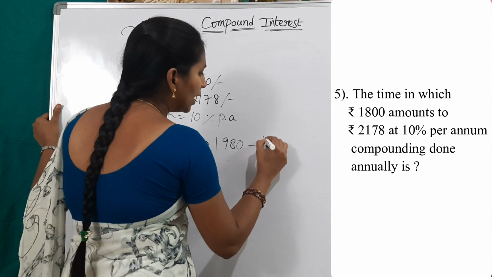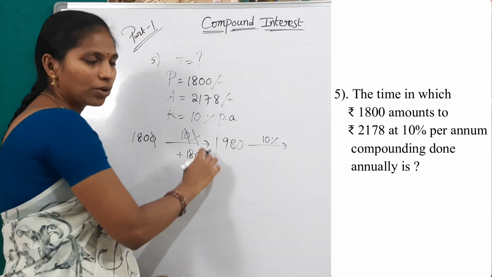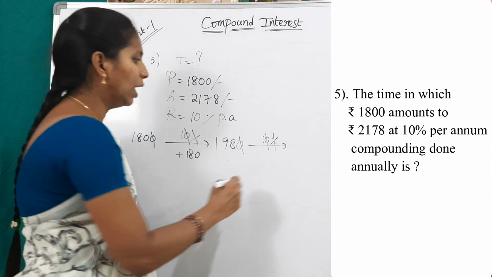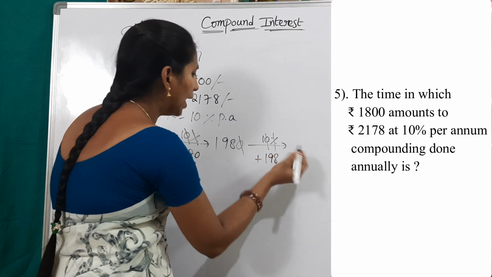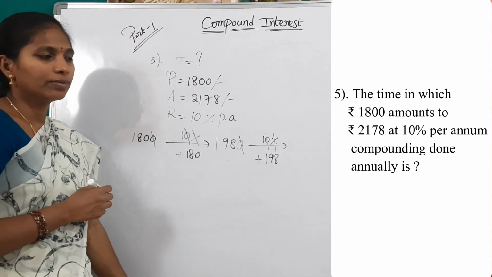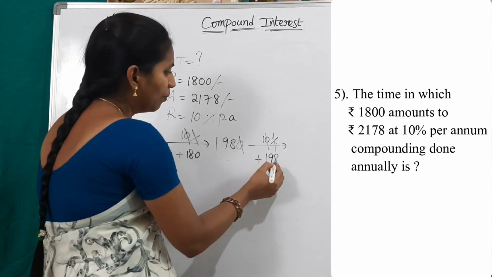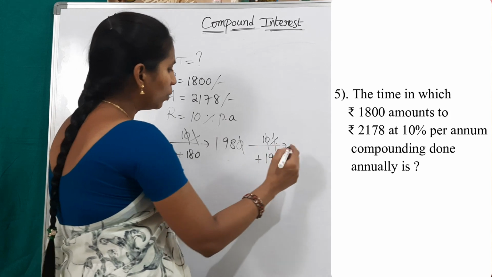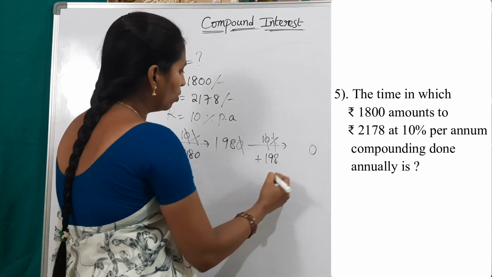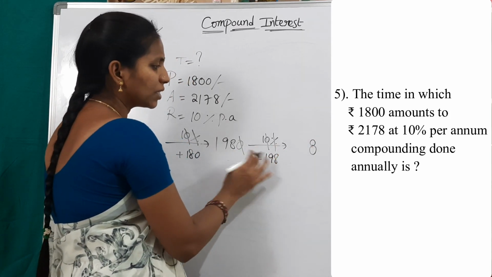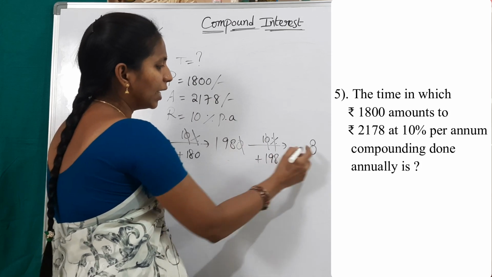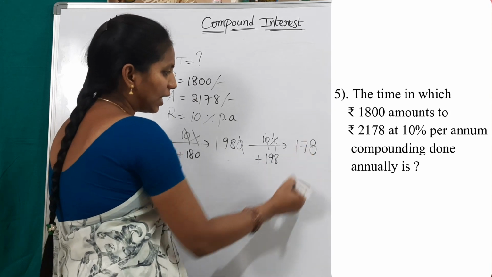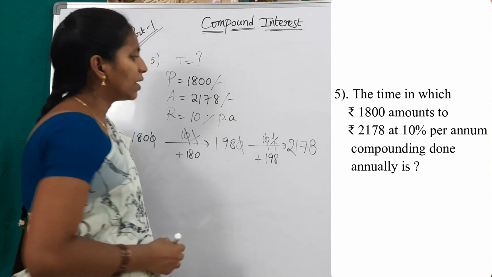Again I want to calculate 10% on this value. 0, 0 and the percentage gets cancelled. Now place 198. Now add this 198 to this 1980. Then what will be the result? 0 plus 8 is 8 and 9 plus 8 is 17. 1 carry forward. 10 plus 1 is 11. So 2, 1, 7, 8.